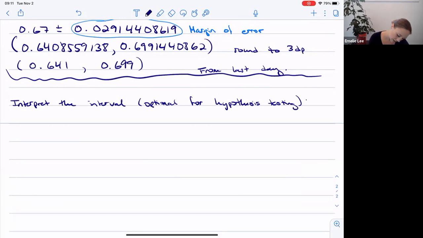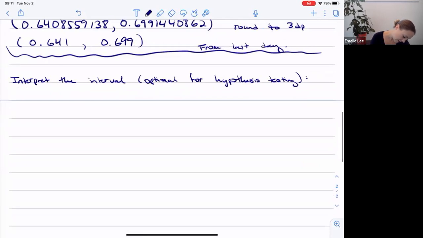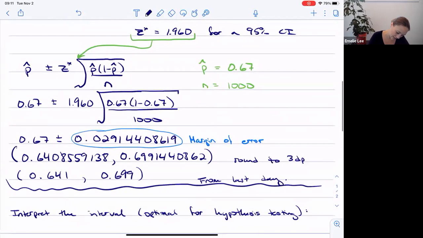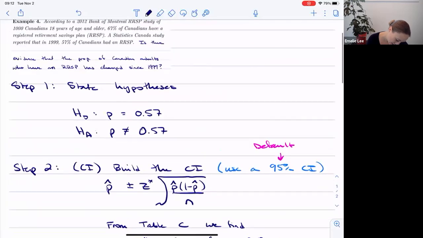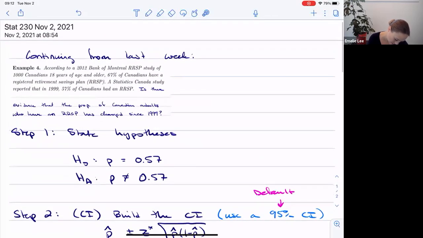So what would we say? We built a 95% confidence interval, and it is for the true proportion of Canadians 18 years of age or older, I'm going to shorthand that to adults, Canadian adults who have an RRSP in 2012, because that's where our sample came from.